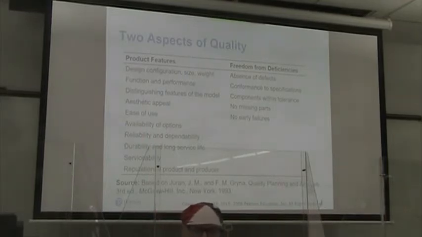All right, so when we talk about those two aspects, the product features can be the design configuration, the size, weight, the function and performance, the distinguishing features of the model that we're talking about, the aesthetic appeal, ease of use, availability of options, reliability and dependability, durability and long service life, serviceability, and of course the reputation of the product and the producer.